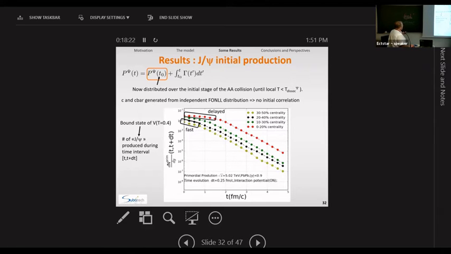And this is due to the fact that locally, at some places, we haven't reached a temperature that is lower than the dissociation temperature.